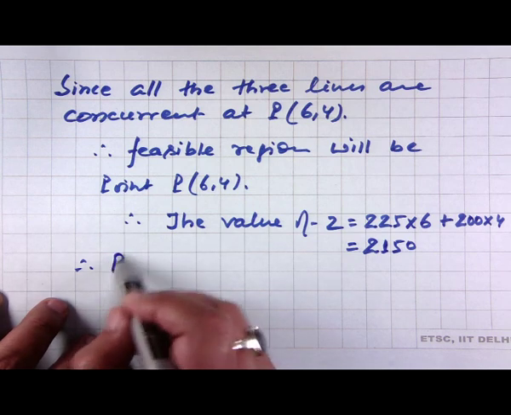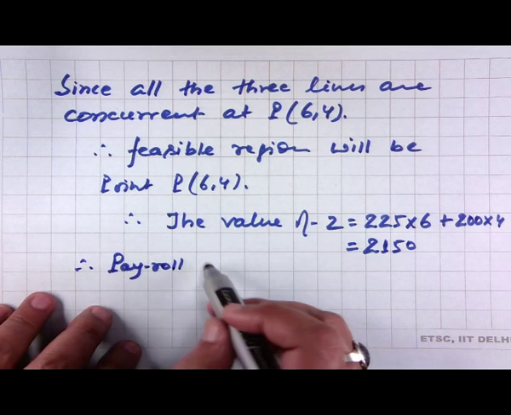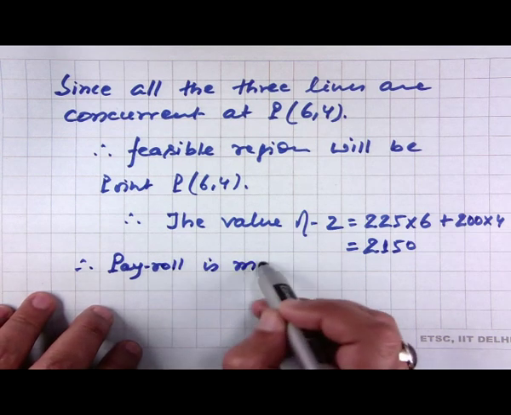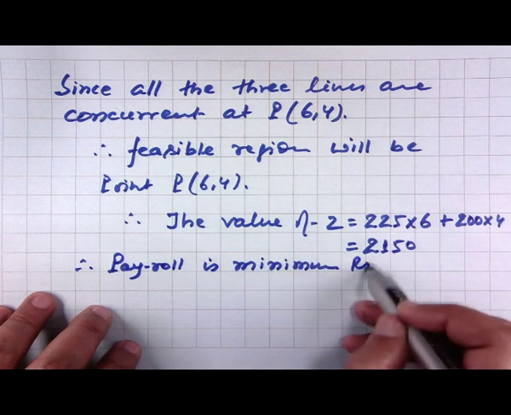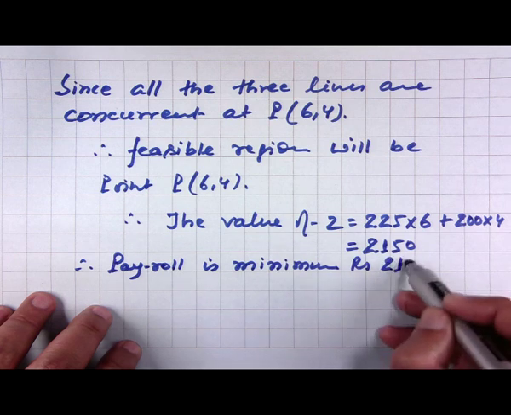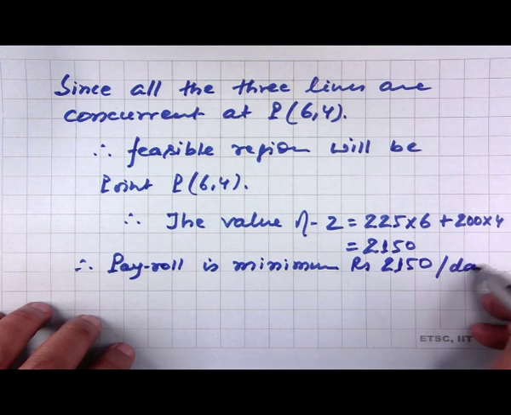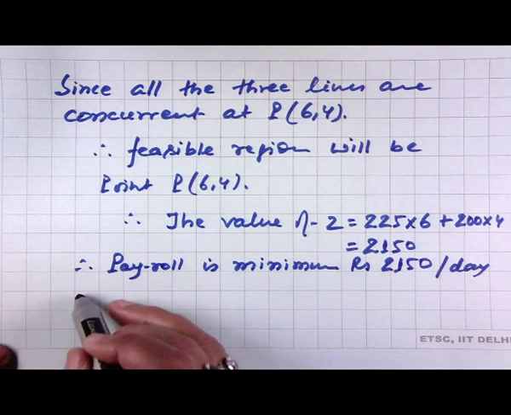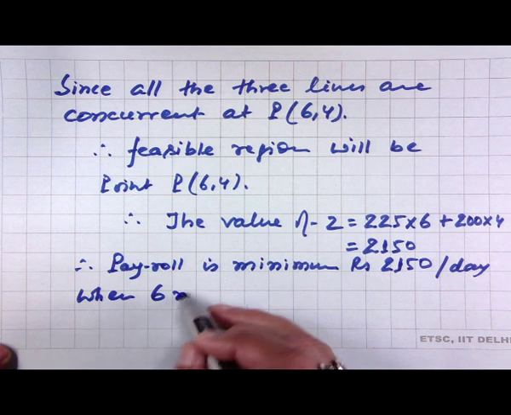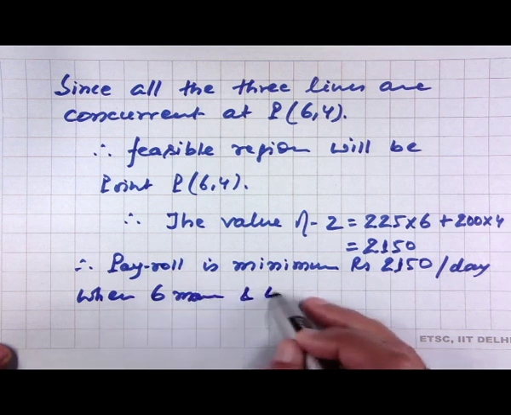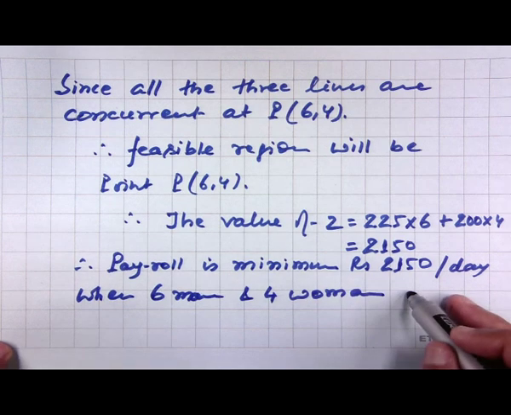So the payroll is minimum rupees 2150 per day when 6 men and 4 women are employed.